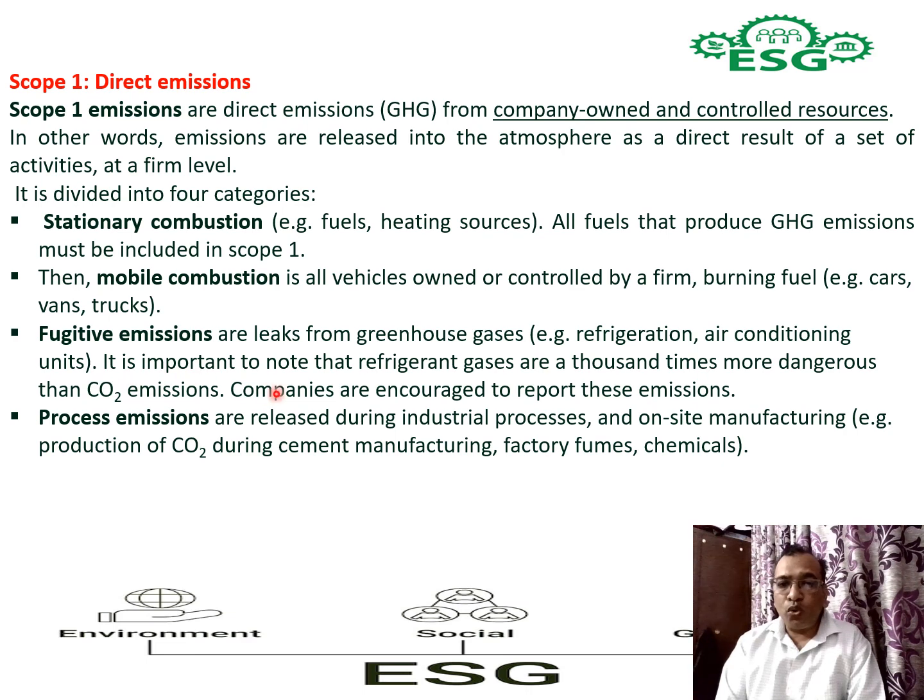It is important to know that refrigerant gases are 1,000 times more dangerous than CO2 emissions, so companies are encouraged to report these emissions. Then process emissions are released during industrial processes and on-site manufacturing. Example: production of CO2 during cement manufacturing, factory fumes, chemicals and so on.